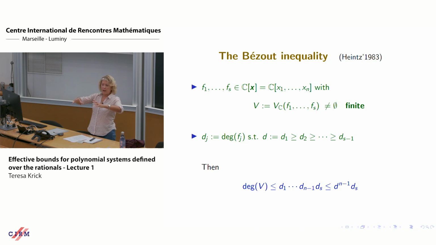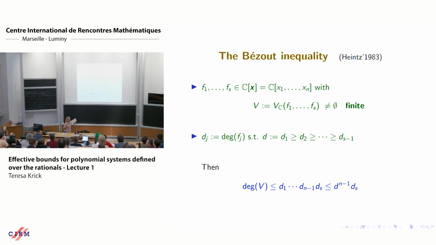Imagine that you have a variety like this, and you cut it with a polynomial. Three situations. Maybe you cut nothing and you stay with nothing somehow, or you cut it well and you reduce the dimension by 1, or this is included in this and you don't reduce anything. So if you want to arrive at a non-empty variety of dimension 0, you need at least n polynomials. So in this setting, s will always be greater than or equal to n. When people speak about a generic situation, they assume that s equals n, but it might be bigger.